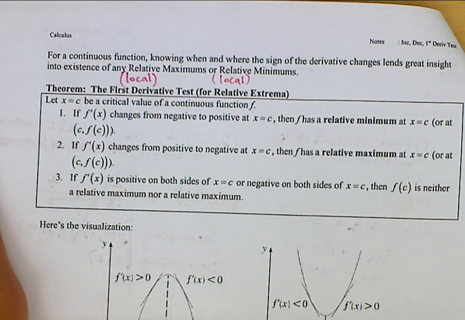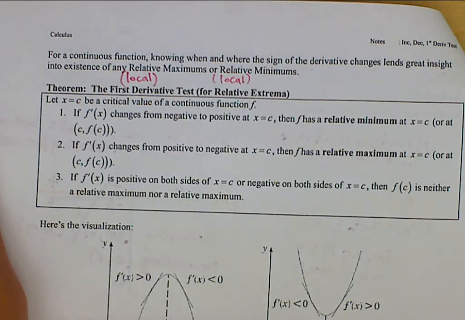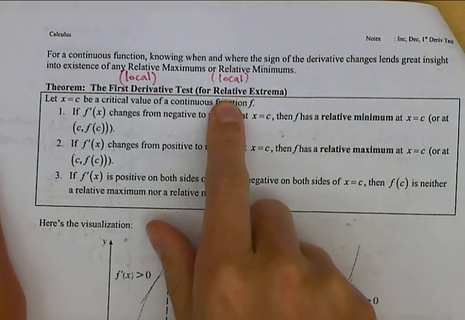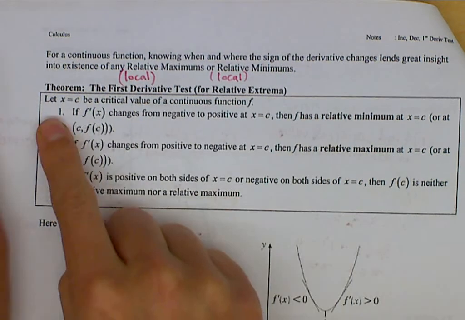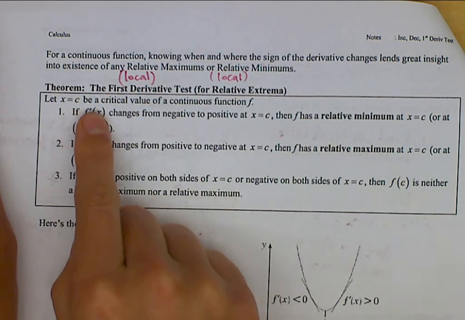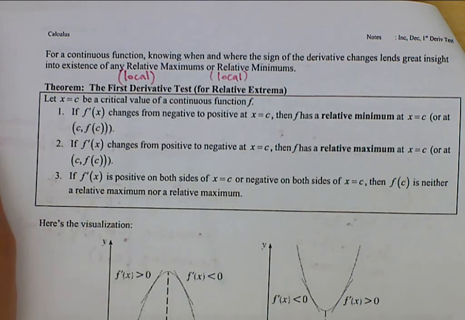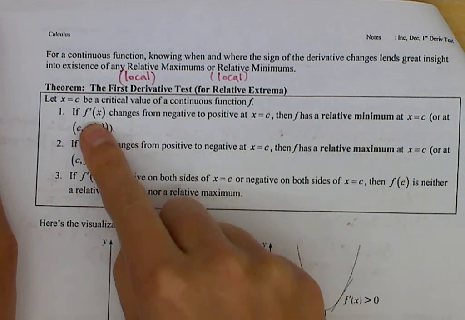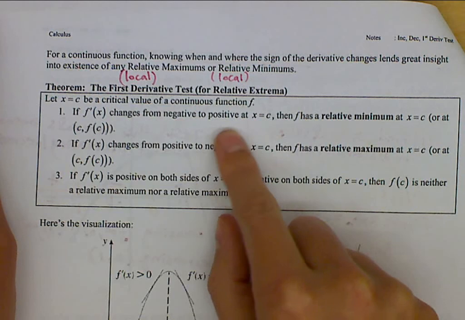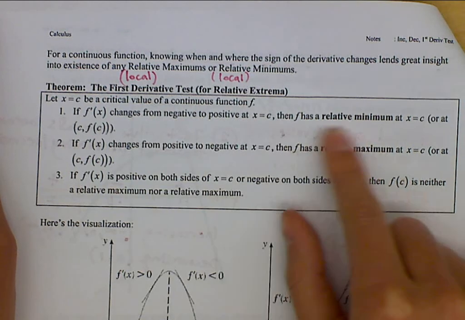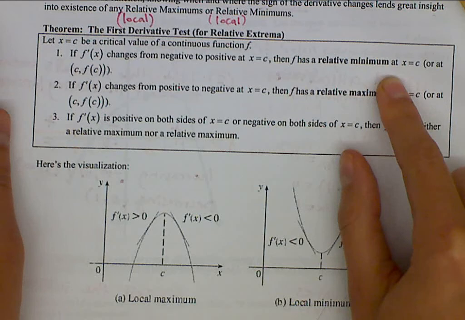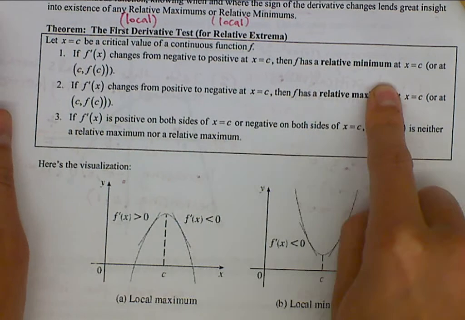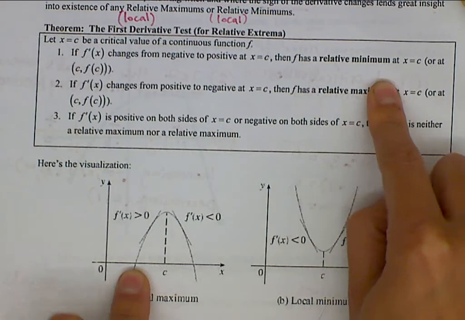Okay, so the first derivative test basically is used to find the relative extrema, or the local extrema. So if x equals c is a critical value, so c is representing a critical value, then if f prime of x changes from negative to positive at x equals c, then f has a relative minimum at x equals c. I know that the words are kind of hard to understand, so let's relate it to this picture.